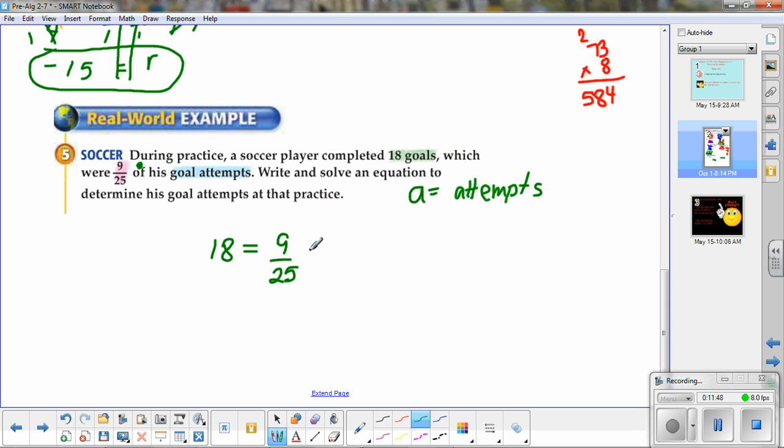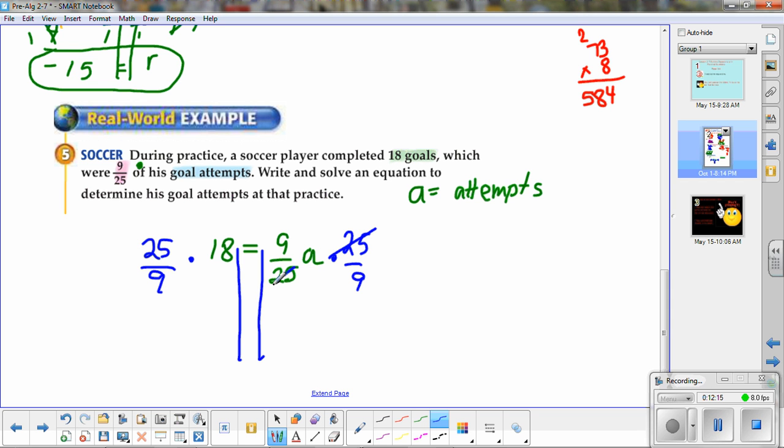And we don't know his goal attempts, so we're going to call that A. Now we have another problem like this where we have a fraction multiplied by a variable. If you multiply by the reciprocal, you can eliminate that fraction. So I'm going to multiply both sides by 25/9.